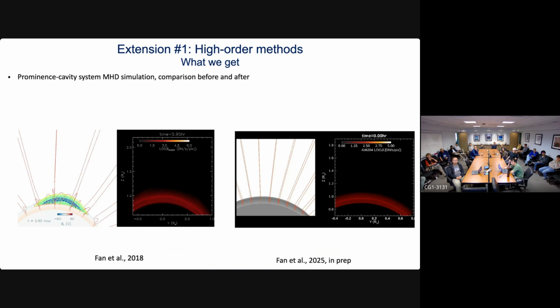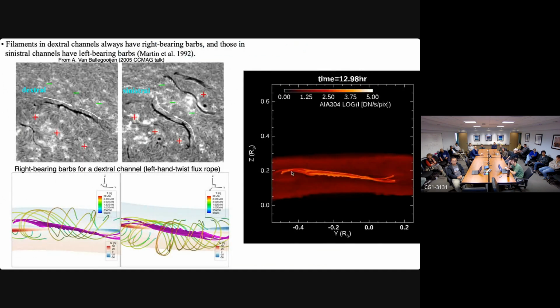And we compare the results using the low order and the high order methods. On the left I'll be showing the result using the second order method, which is relatively low order. And on the right, I'll show the result using the recently implemented high order method.